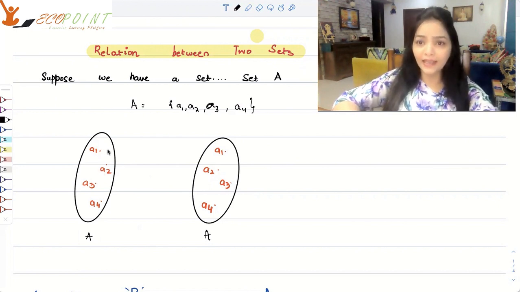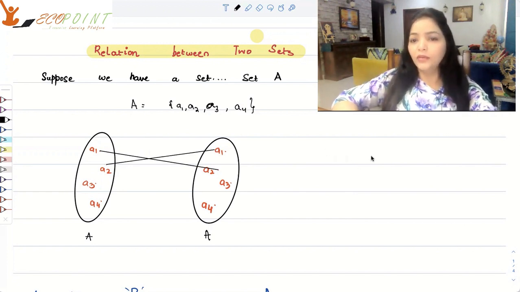So it can happen that A is related to the elements of A. For example, you can think of a relation like, say, greater than.